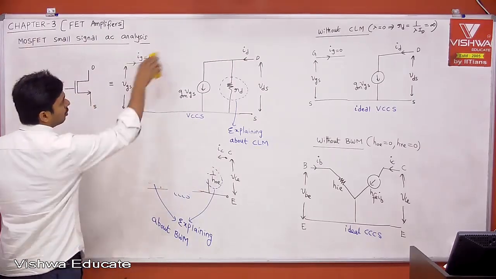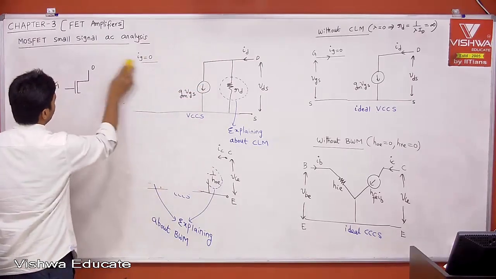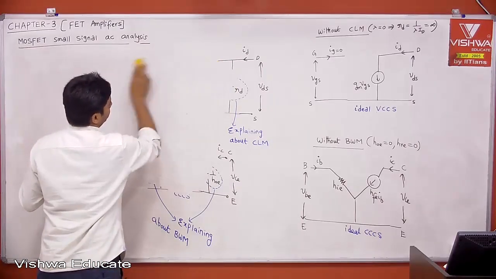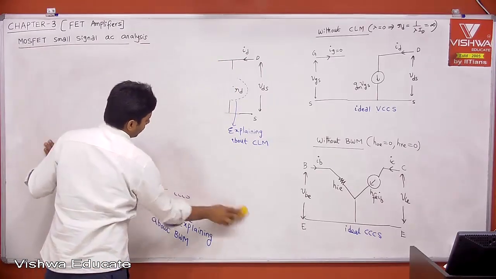Therefore, let us use this equivalent circuit. Then let's solve all AC parameters for a given configuration from MOSFET.